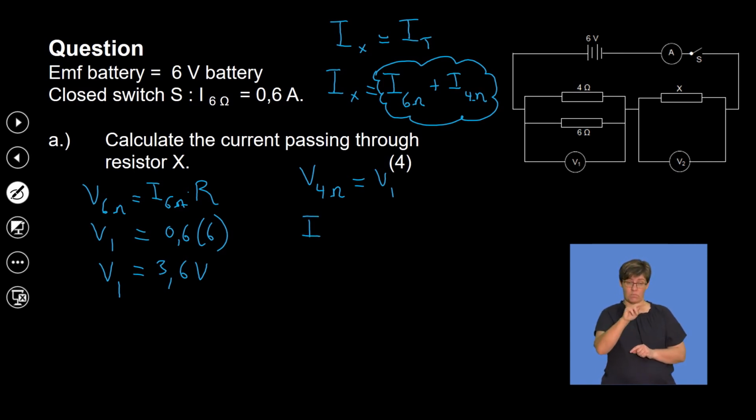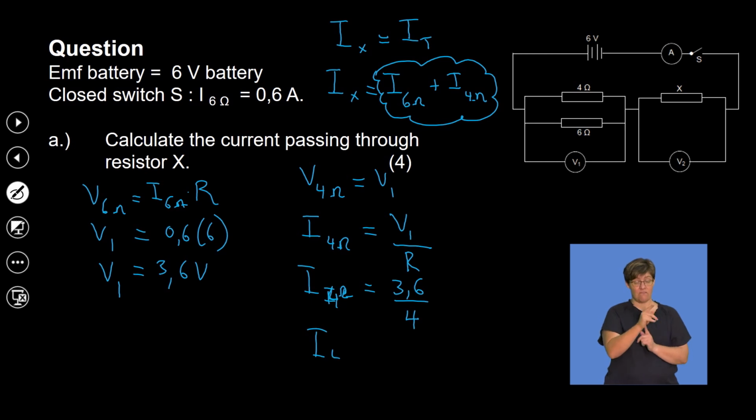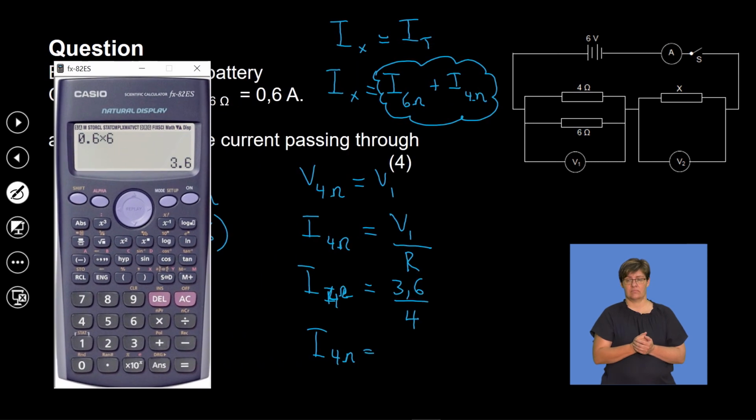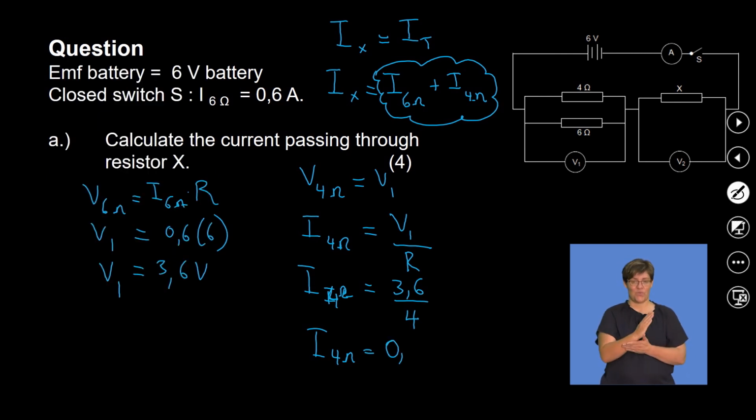The current through 4 ohms is equal to V1 divided by R, so 3.6 divided by 4. On the calculator, that is 0.9, which is the current that goes through 4 ohms.